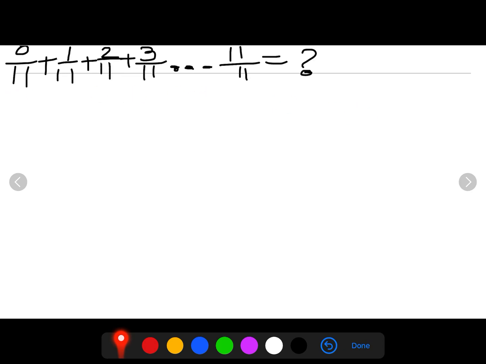That's right, I need to expand my units because I'm missing several units. What fractions am I missing? That's right. 4/11 all the way to 10/11 is missing from my equation. So let's go ahead and expand my units, this time making sure that I have all of my units represented in my equation.